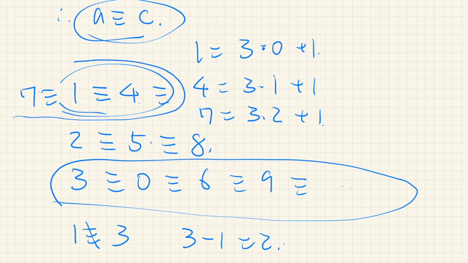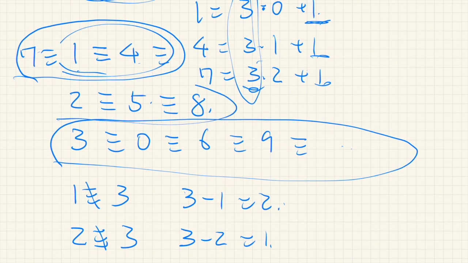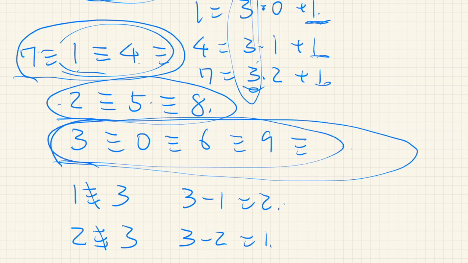So everything that is congruent to 1 is equal to a number that has a remainder of 1 when divided by 3. And similar for this. So any number that is congruent to 2 can be expressed as a number that has a remainder of 2 when divided by 3. And this one, so any number that is congruent to 0 or 3, they are multiples of 3. That is, they have remainder of 0 when divided by 3.